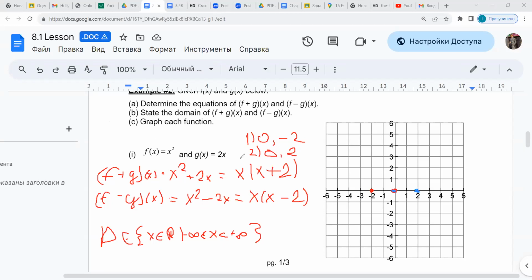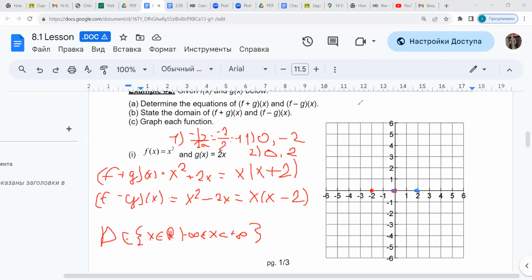Good to remember that one. Minus b over 2a. Good job. So for number 1, minus b is -2, over 2a, a is 1. So -2 over 2, we're going to get -1 for the first one.